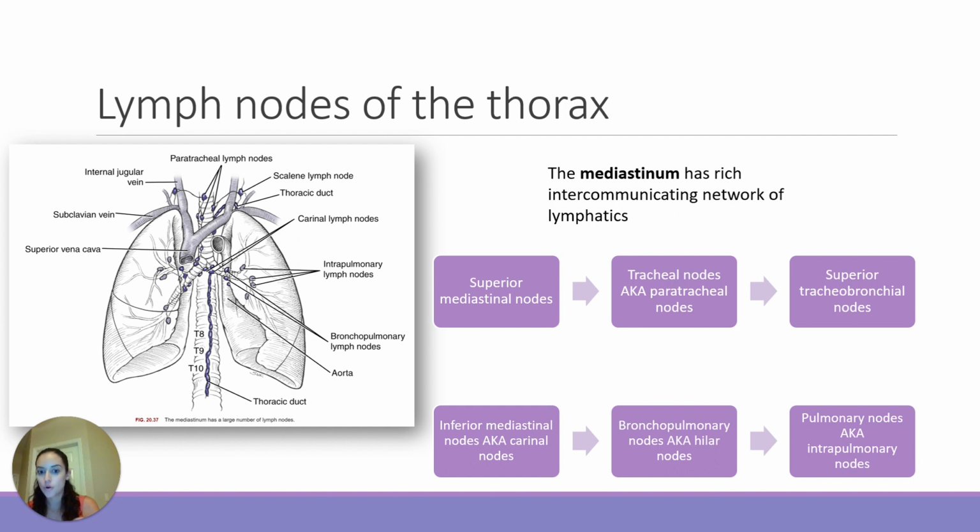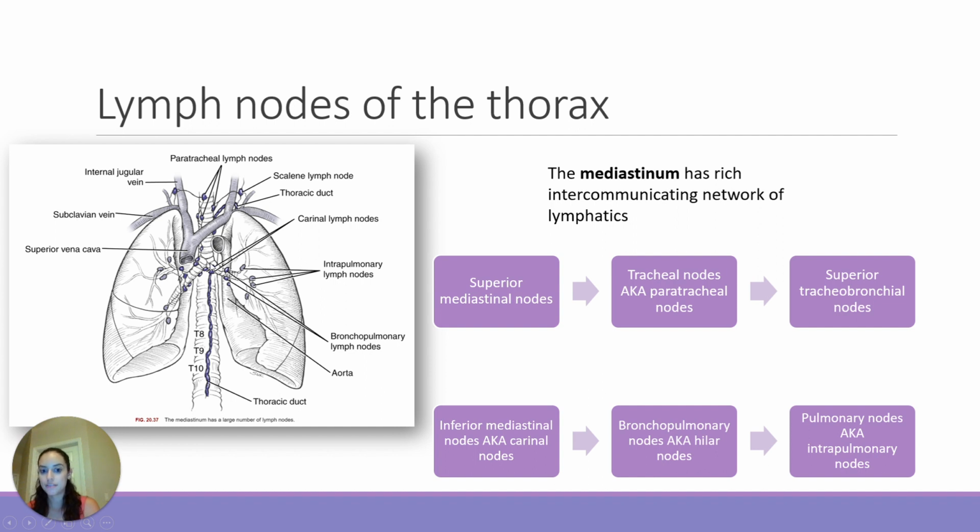That big old word, the superior tracheobronchial nodes, is superior to the trachea and the bronchi. The bronchi are where the trachea bifurcates, or where the carina is. It turns into a bronchus, the right bronchus in this case and the left bronchus in this case. So superior tracheobronchial nodes are going to be here, right? They come down this way.